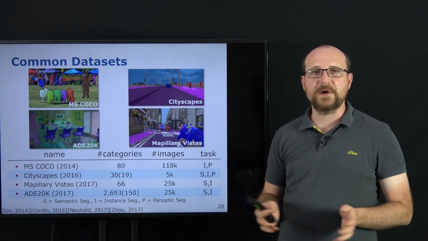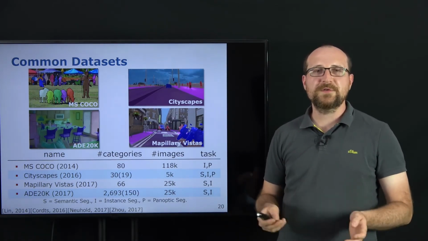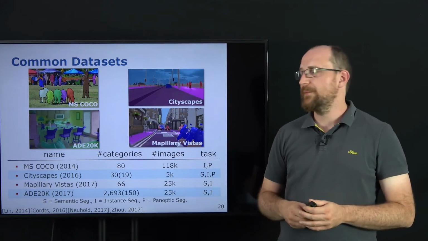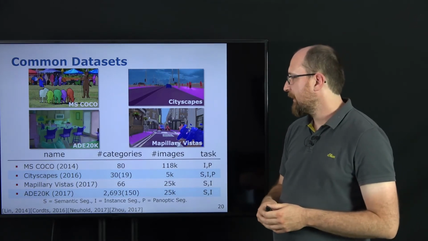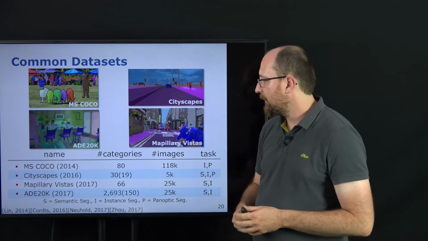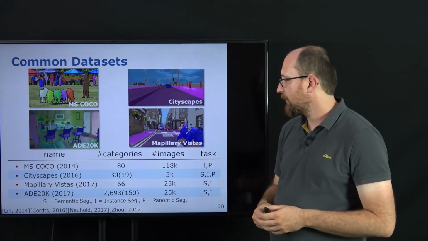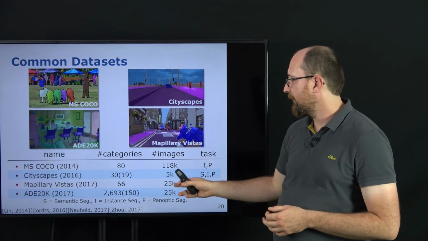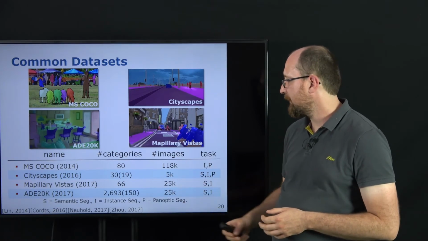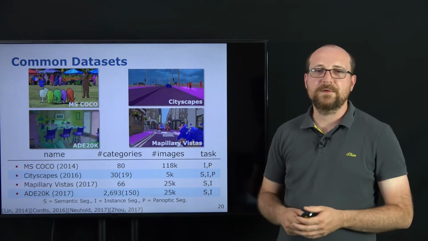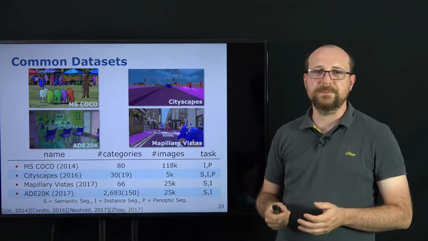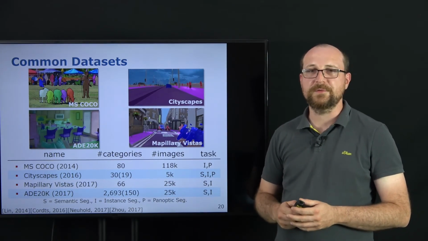So it's a variety of different images that are not only captured from an autonomous vehicle maybe. But for this, there are more than 66 categories available, and also the same order of size as the ADE20K data set. And this is then also used sometimes for semantic and instance segmentation evaluation.